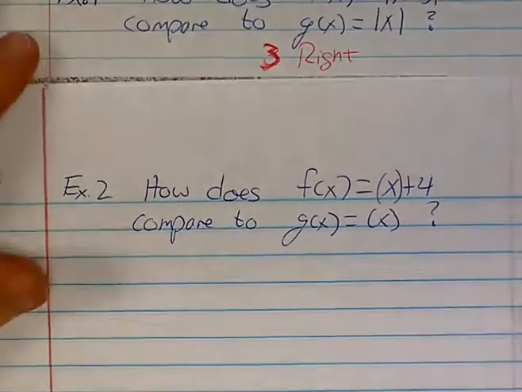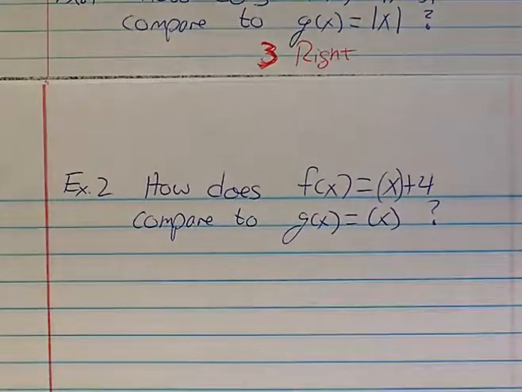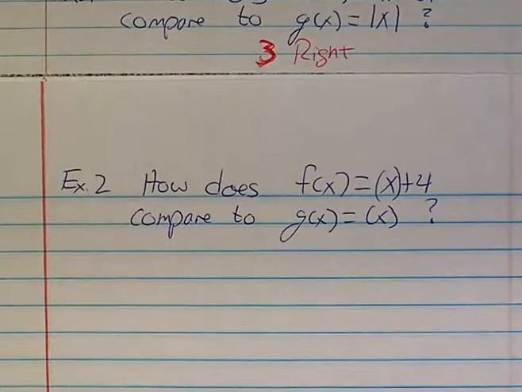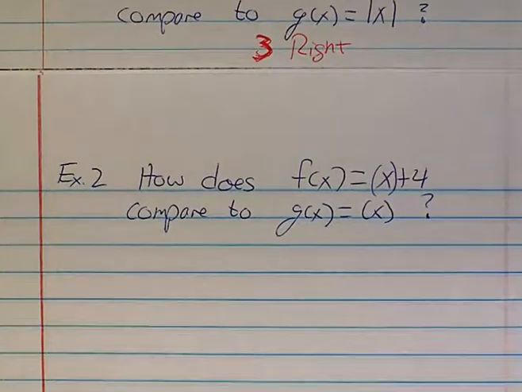This is one option that you may get. How does f of x, which is x plus 4 with x in parentheses, compare to g of x with just the parentheses of x? Okay, and again, same thing. Just look at it and tell what's going on.